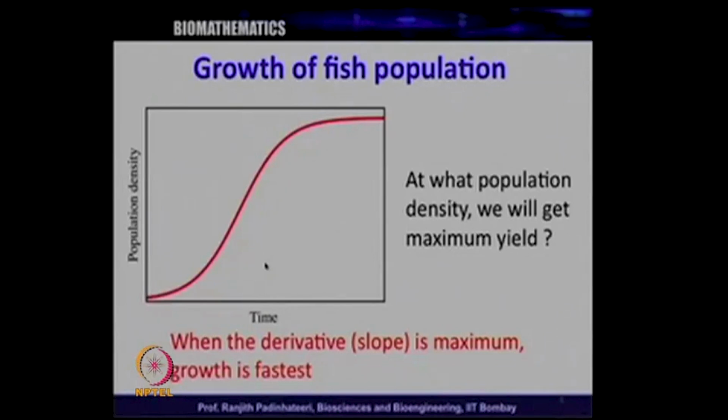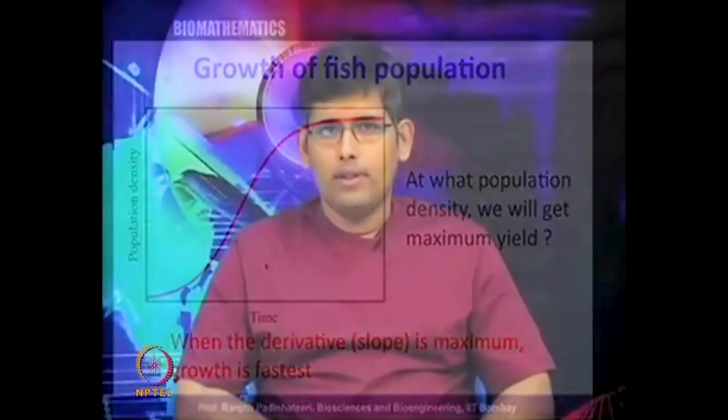So by calculating the derivative of the curve at various times and looking at where the derivative is maximum, where the slope is maximum, you will get some idea about where the growth is maximum. And when the growth is maximum, growth meaning the increase in number of fish or any organism, and it increases very fast, you can say the yield is large.